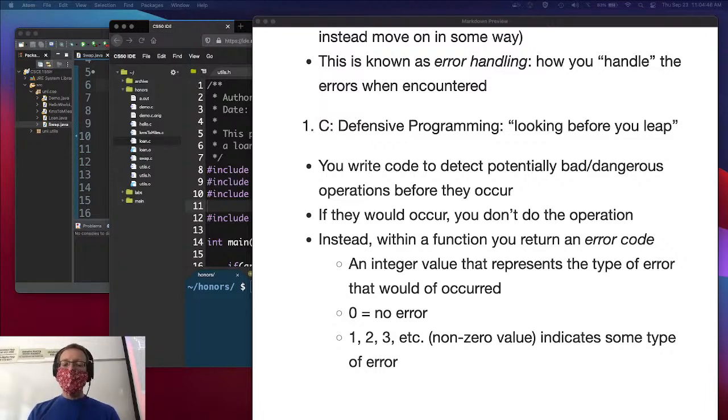Now, Java takes a completely different approach here because Java is a modern programming language. The vast majority of modern programming languages, by the way, do use what are called exceptions. Again, modern as in, I mean, programming's not that old. I think Fortran was invented in the 50s. That was the first real high-level programming language.